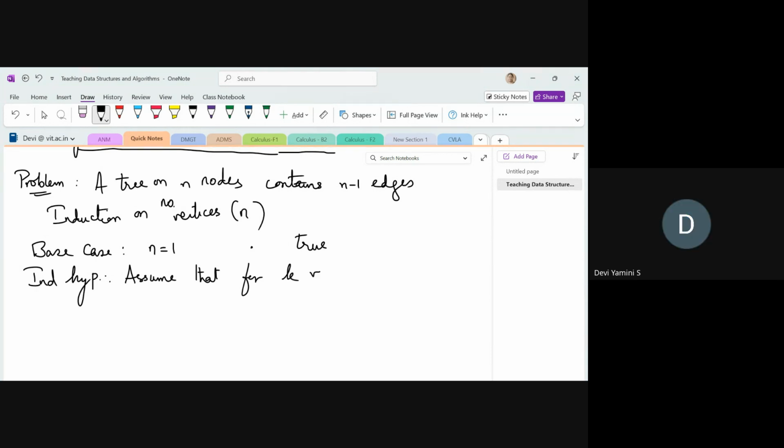Yes. For a tree on k vertices, there are k minus 1 edges.